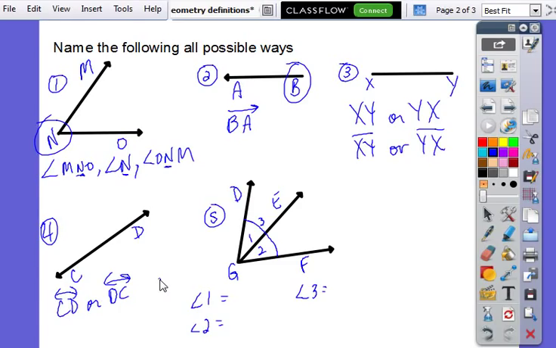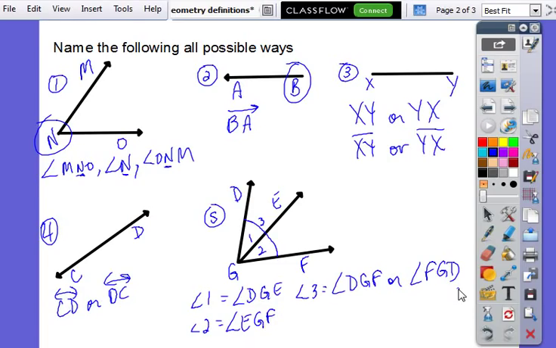Angle DGE would work. If I want to do angle 2, it would be angle, and if I do angle 3, it would be, or. I hope that's what I heard.